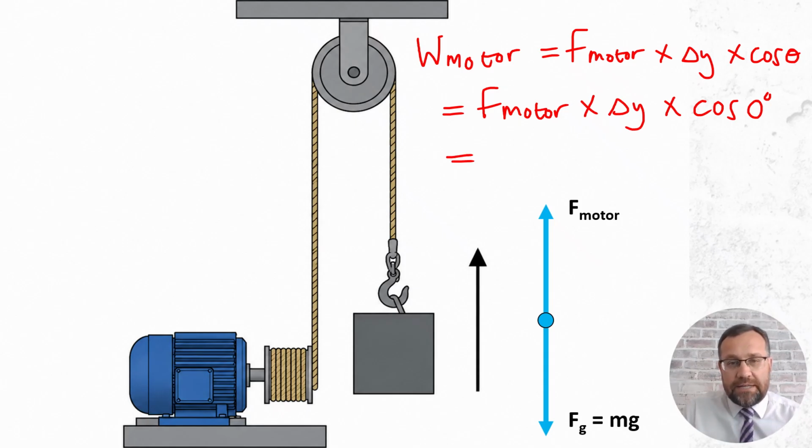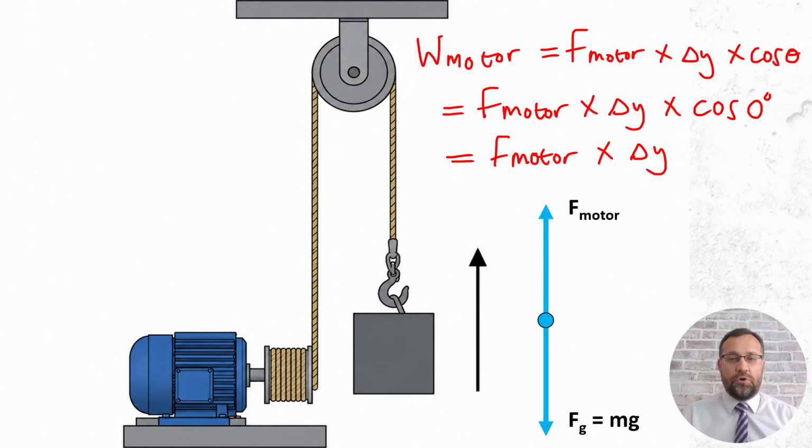So the work done by the motor is equal to a constant, i.e. the force exerted by the motor on the load, times the vertical displacement. So the greater the value of delta y, in other words, the higher the load is lifted, the more work is done by the motor.